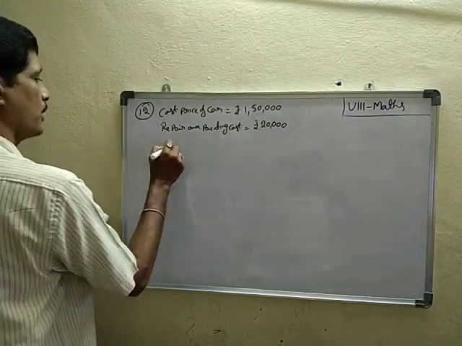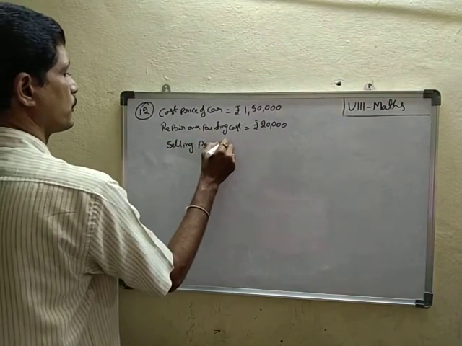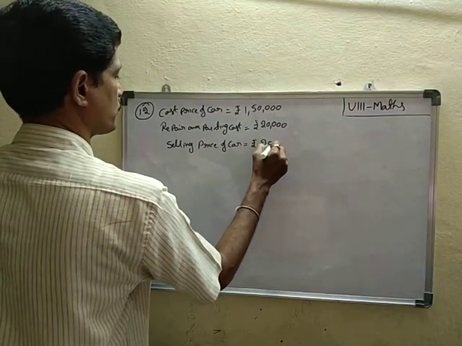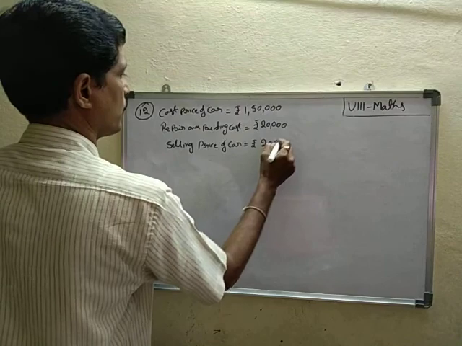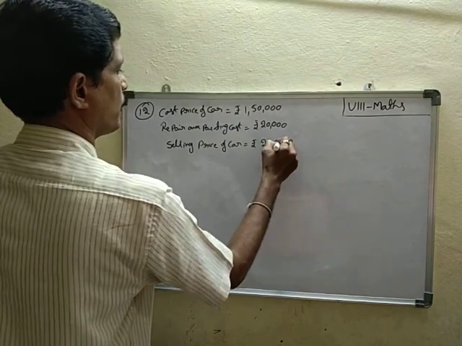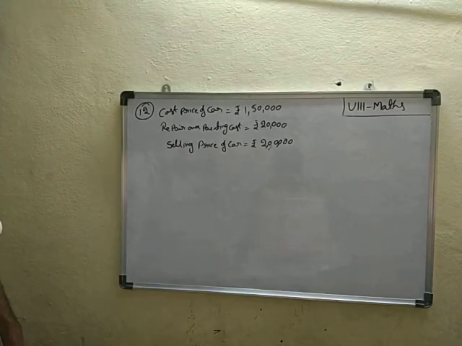Next, the selling price of the car equals 2 lakhs rupees. Therefore, does the person get profit or loss?